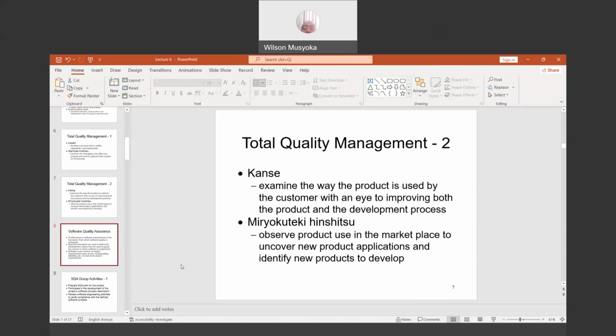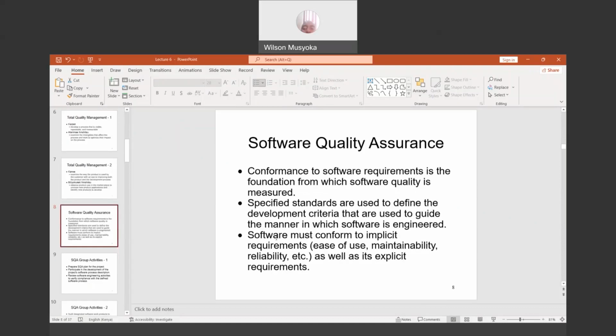Then, how do we ensure quality assurance? We have said that quality assurance is all about conformance to software requirements, and that is the foundation of how software quality is going to be ensured. These specified standards are used to define the development criteria and are also used to guide the manner in which the software is going to be engineered.